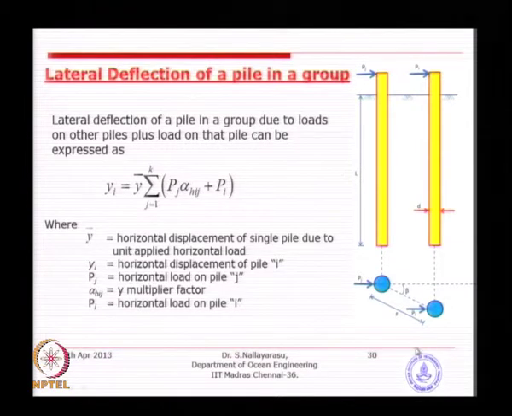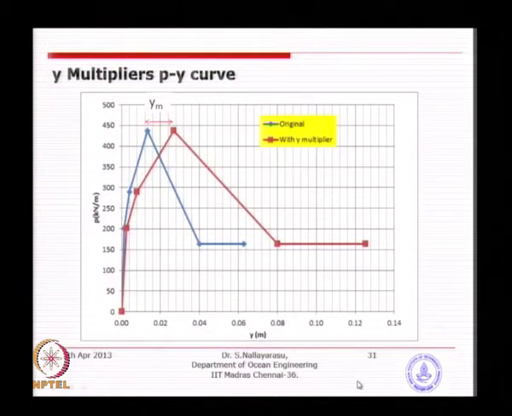The spacing is S. Typically again a similar idea. Once you find out the y multiplier, you can just increase something like this. This is the original, this is the increased deflection for the same load, because this much increase is due to the load from the neighboring pile. It is not because of the load on that pile itself.